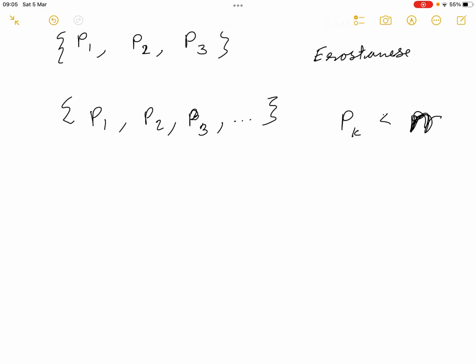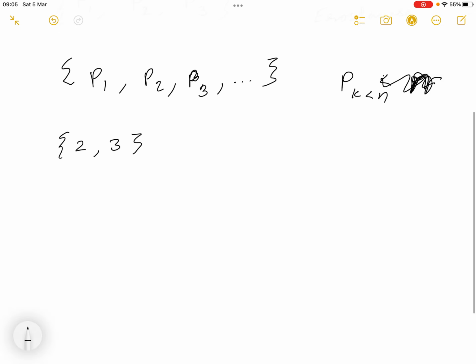You can use them to find the next prime. So if you have the numbers 2 and 3, you can find the next prime. That's how you do it.